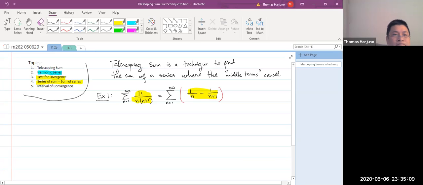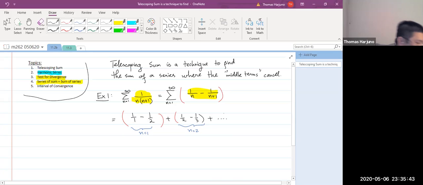Okay. Now for us to compute that, you will see that the first term in that parenthesis will be 1 over 1 minus 1 over 2, plus, this is when n equals 1, when n equals 2, that is 1 over 2 minus 1 over 3, all the way to, oh, let me call that Sn first for now.